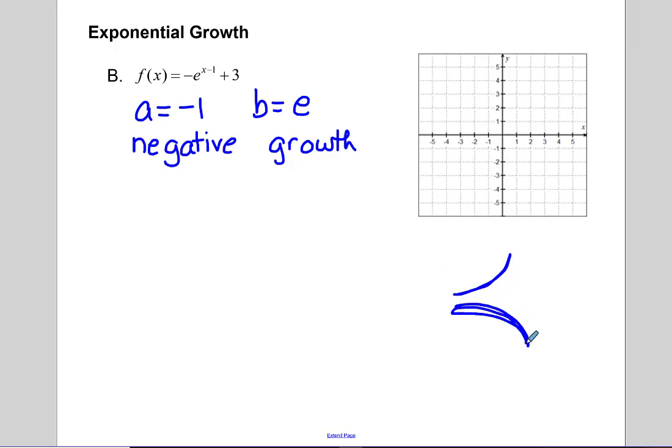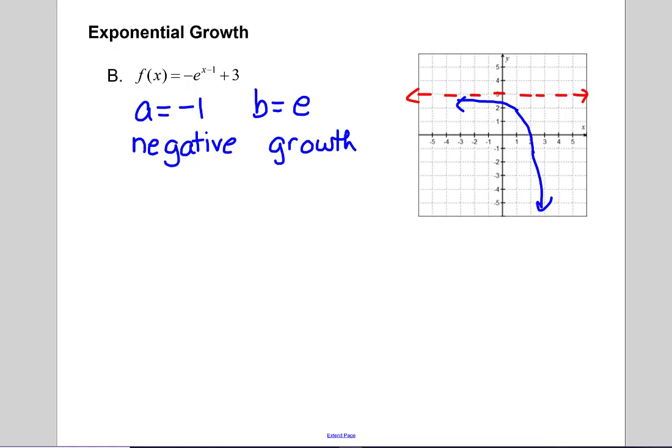So it's going to look like that, but it's shifted up 3. So 3 is our horizontal asymptote, and the graph would go somewhere here. See if I can draw that a little bit better. Like that.